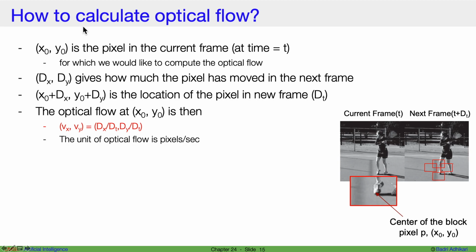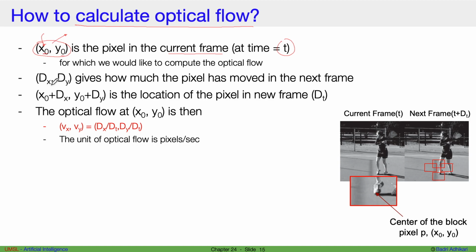So how is optical flow calculated? Say that our input pixel of interest in our input image is x naught, y naught, and we're looking at a frame at time equals t. We would like to calculate the optical flow for x naught, y naught.